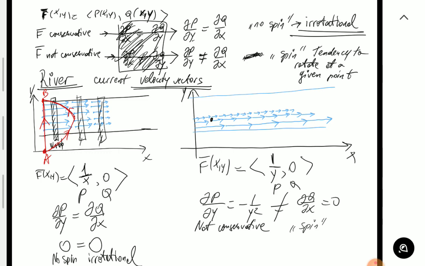If we go with the analogy with the plywood, if I drop the plywood over here to begin with, because the current is stronger toward the bottom of the plywood, it's clear to see that the plywood, as it flows downstream, is going to be rotated a little bit like that.